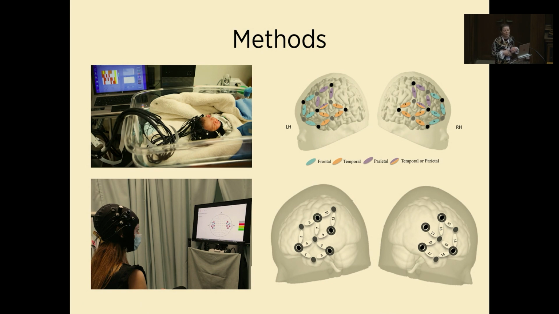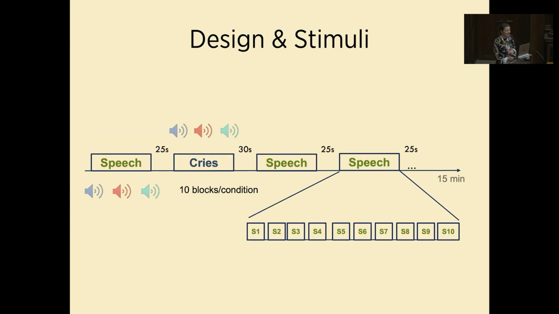In particular, some of these areas are also involved in production. And what we tested them on was speech in French. The babies were born in Paris, in France, so their native language, the language they heard prenatally, was French, and cries of other, not their own, but other French newborn infants.